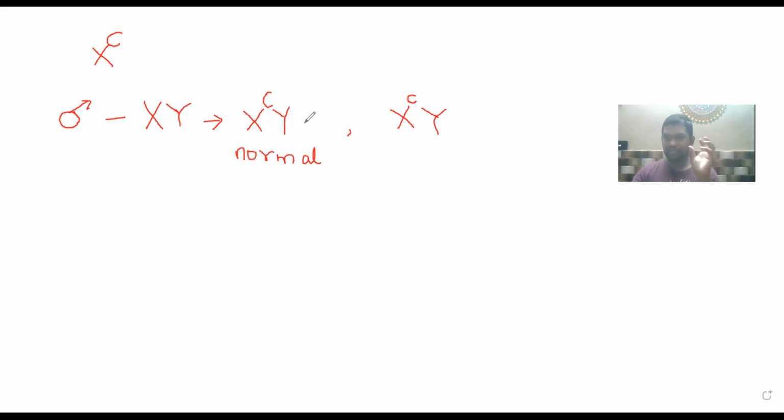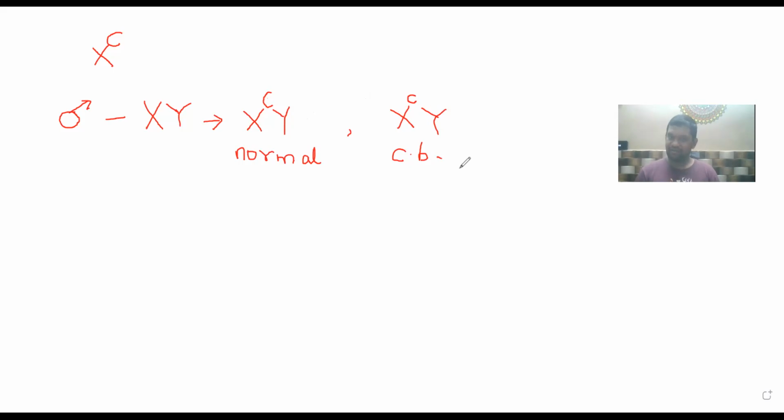When you write, please show that capital C, small c very distinctly. When the recessive allele for color blindness is present, then the male is said to be suffering from color blindness.